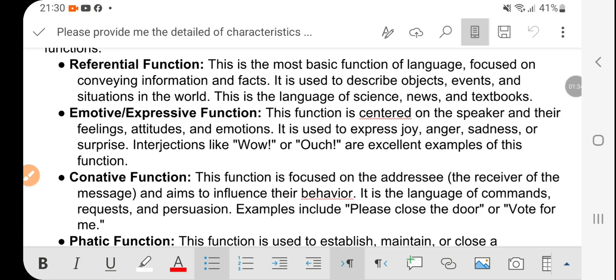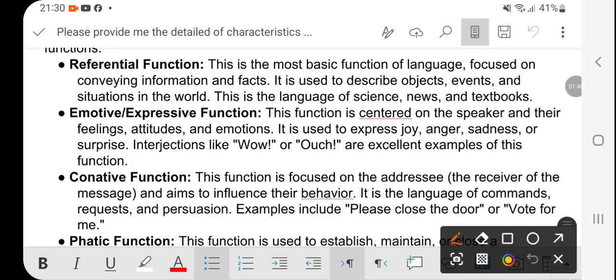This is the language of science, news, and textbook. So, referential function. First of all, language is used for reference in science, news, and textbook. They say it is the most basic function of language, focused on conveying information and facts.